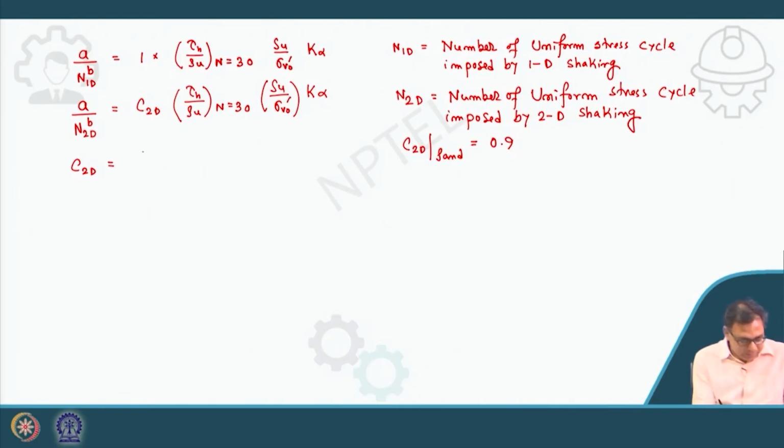So C2D will be simply N1D divided by N2D to the power B. That is the correction.